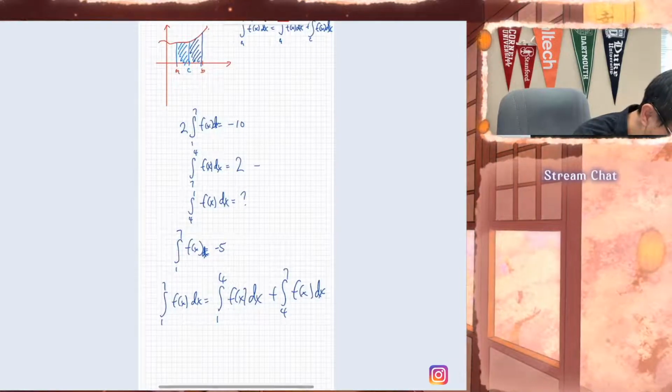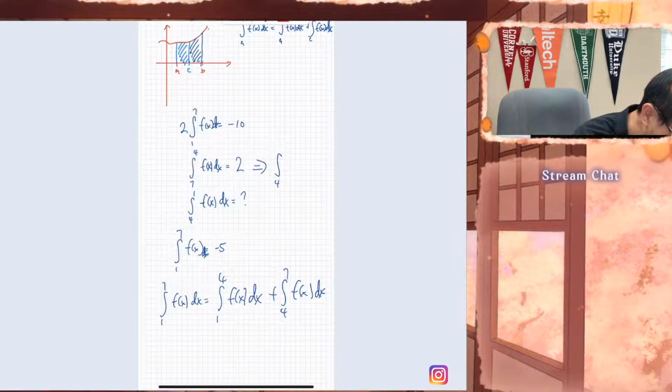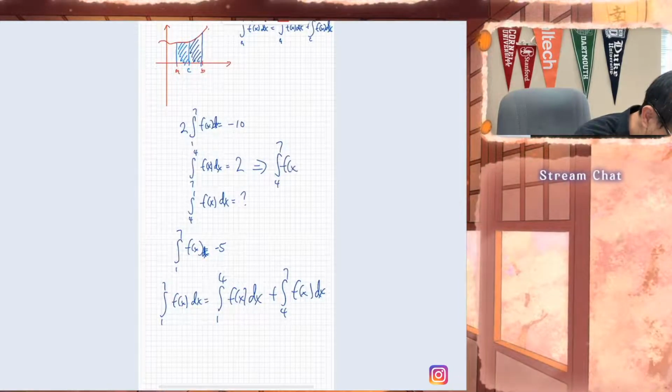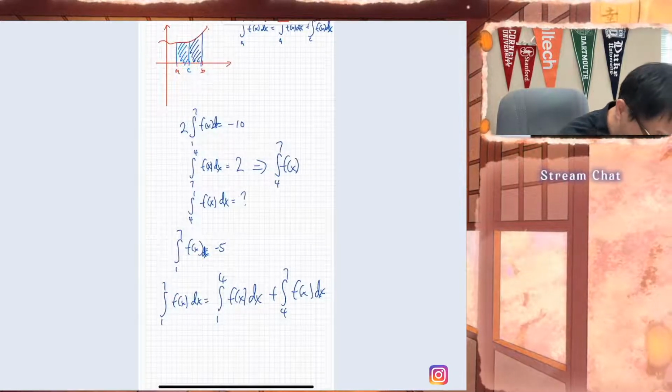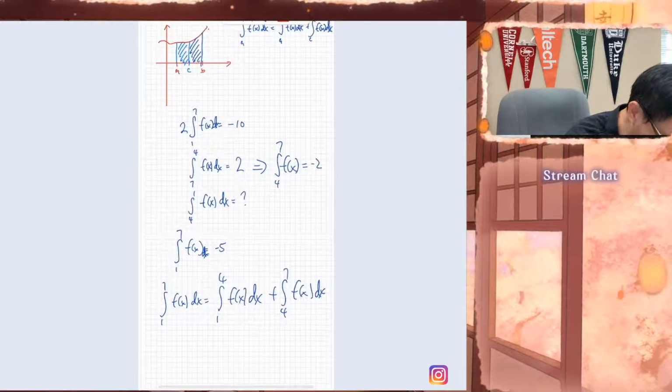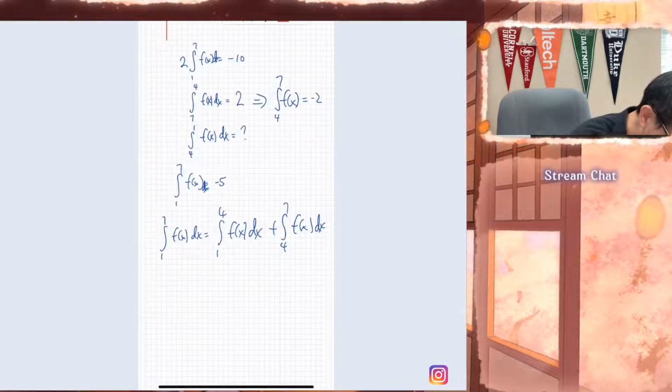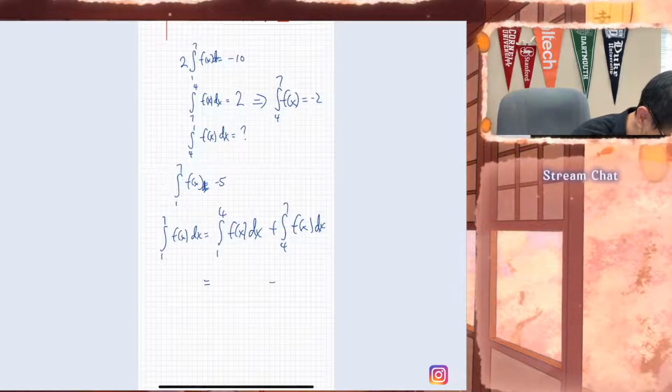So now this one means integration between 4 to 7 of f of x, if I flip them, is equal to -2. Does that make sense? So that's equal to -2.